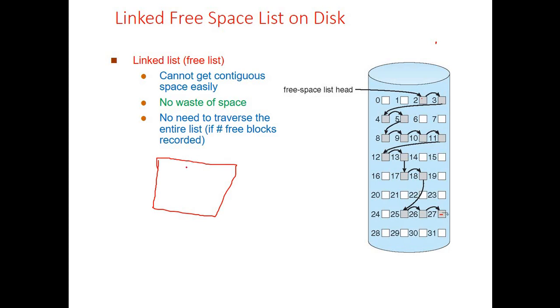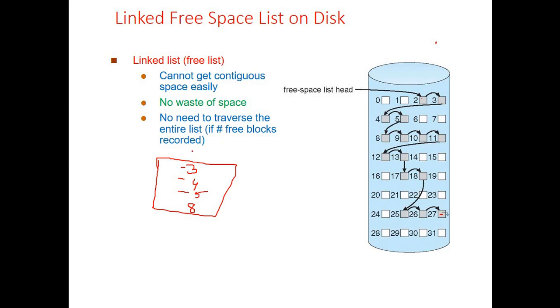Instead of keeping it free, it will maintain the addresses of the next free blocks 3, 4, 5, and also the last address is the block number holding the addresses of the next available free blocks.